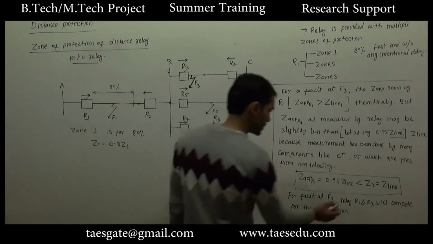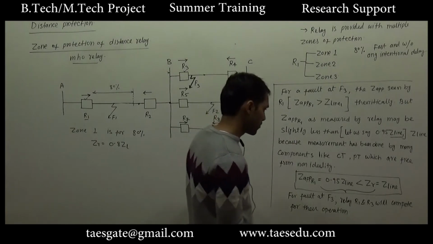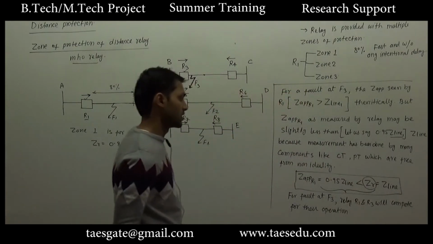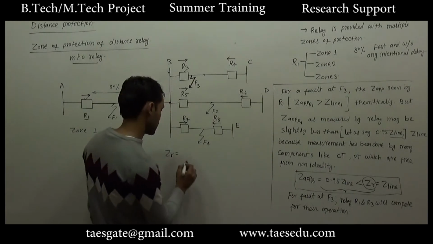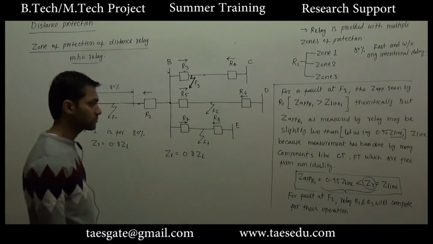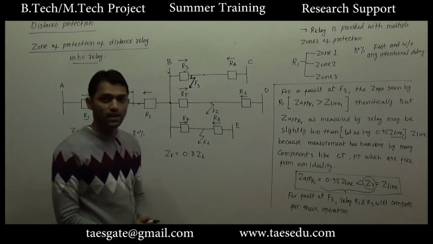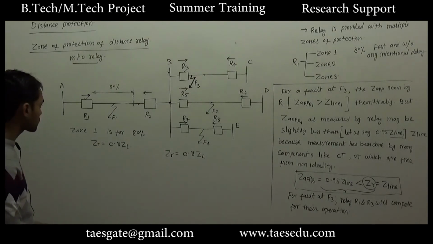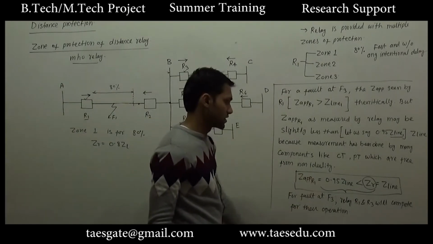So to avoid this condition, what should be done? Let us put a lower value of reference impedance. So if we put ZR equal to 80% of the Z line, let's say 0.8 Z line, and the error in the measurement or the non-ideality is not so high that the apparent impedance measured by R1 will be less than 0.8 of the Z line.